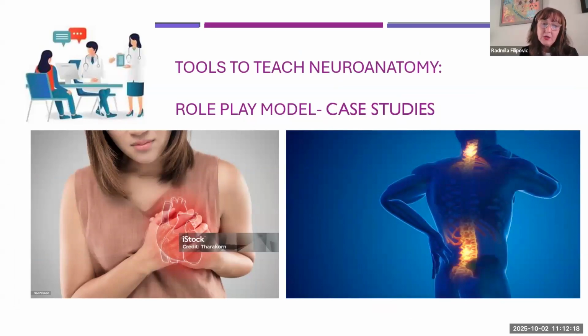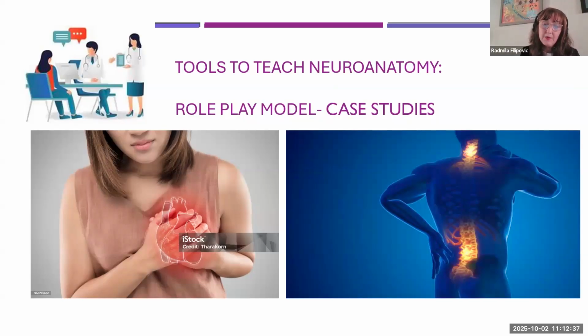As you know, to make neuroanatomy and neuroscience more relevant, we try to combine knowledge from anatomy with real cases, and we use case study models like many other schools.